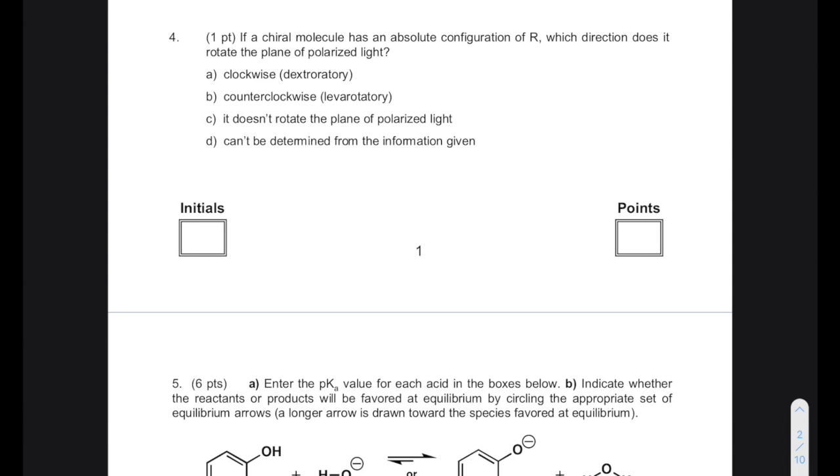But what I'll say is that the definition of an R and an S is just something we came up with to name molecules. It has no physical basis. It's just a convention. We could have equally made the convention the other way around. So it's a fundamentally different property from how plane polarized light is rotated. There's not a direct correlation between an R stereocenter and rotating to the right. These are 2 different things. So we cannot determine this with the given information. It's an important concept.